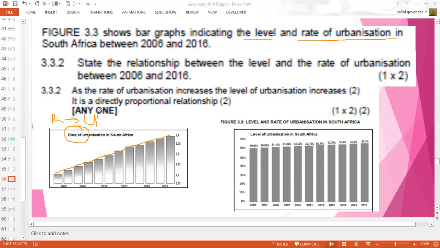And this, of course, influences the level of urbanization. So as our rate increases, the areas become more urbanized. So our country is quite urbanized. In 2016, it's over 60% urbanized.